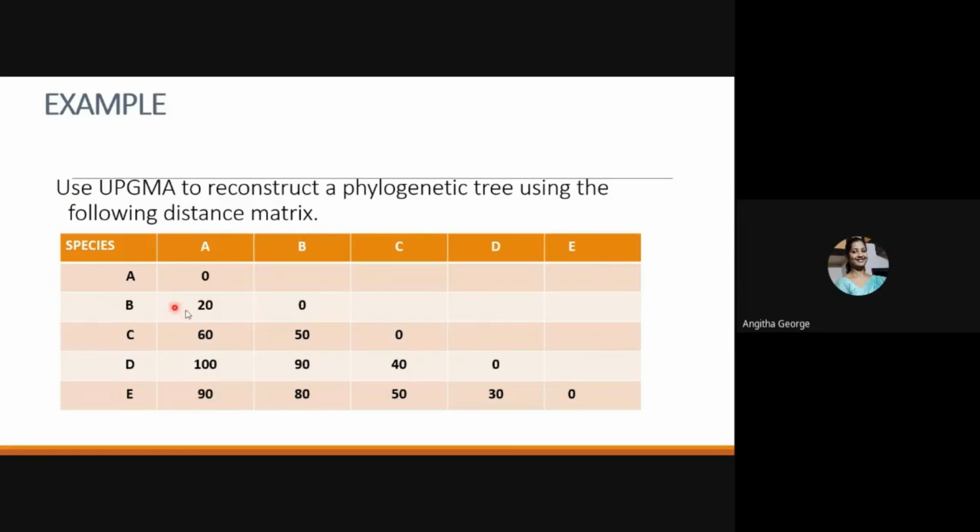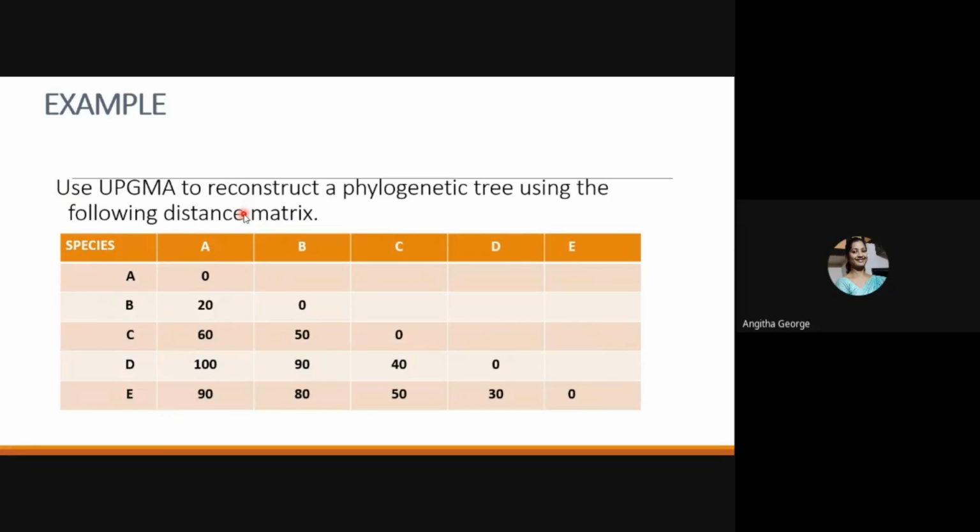Let's take the first cell. Its value is 0. That means the distance between species A and A is 0. Taking species A and B, the distance matrix gives the distance between the species A and B as 20. Like that, we get the distances between the species. So this forms the distance matrix.